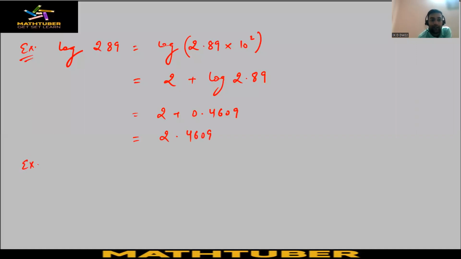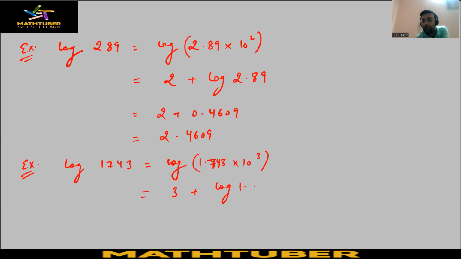Now the next one is, suppose we have four numbers here, 1743. Suppose this is the number. We have to first convert it into standard form, that is 1.743 into 10 raised to power 3. So this 3 becomes the characteristic now, and log of 1.743 is the mantissa that we have to find out.